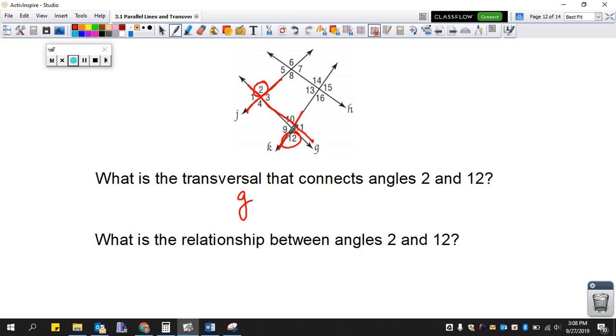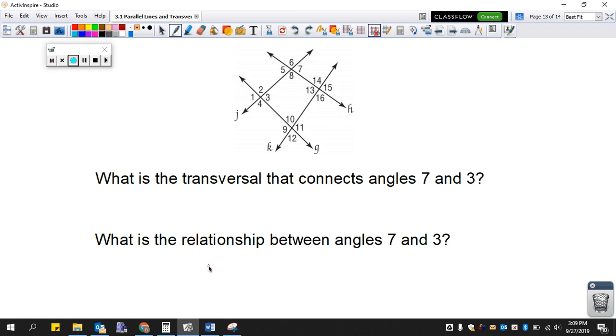You see there 2 and 12 are both on the exterior, and they are also both on opposite sides of the transversal, so that would mean that they are alternate exterior. Okay?